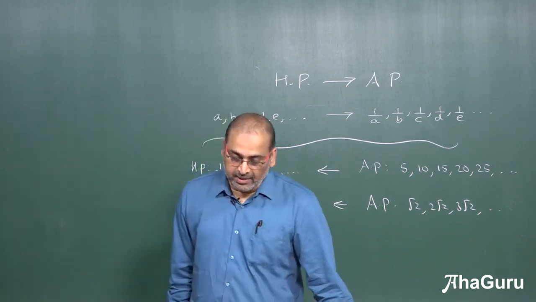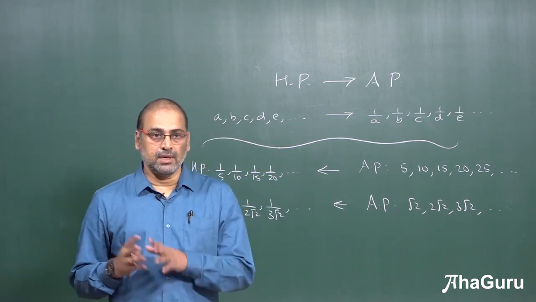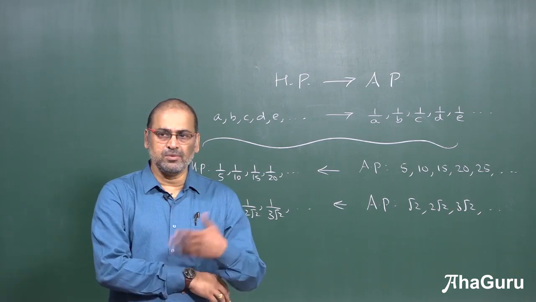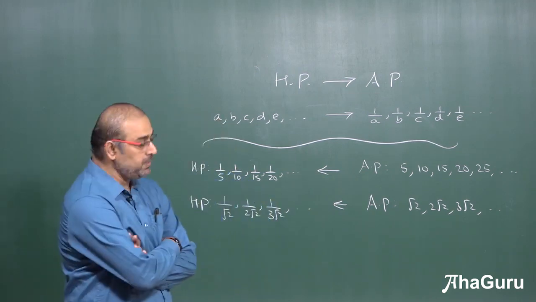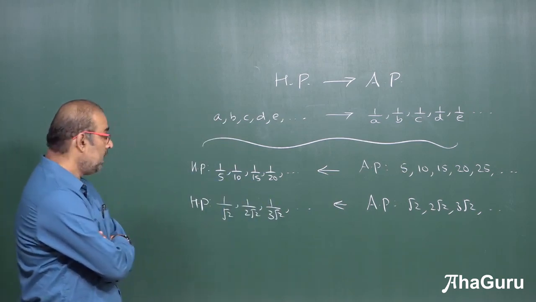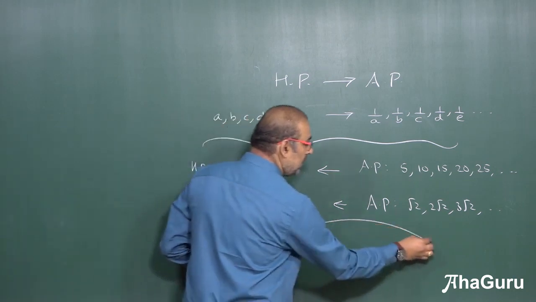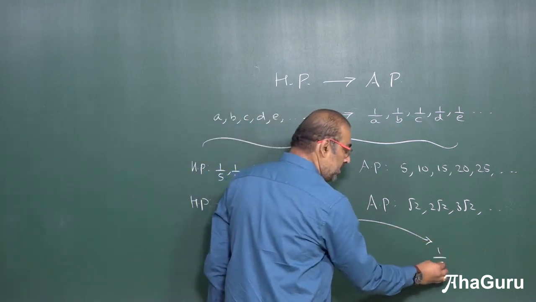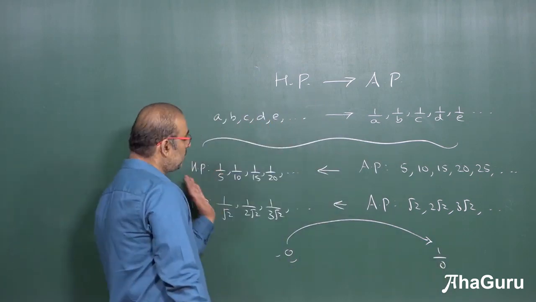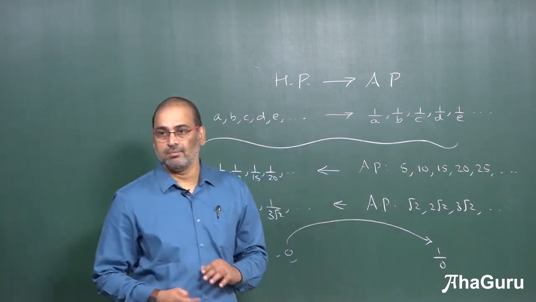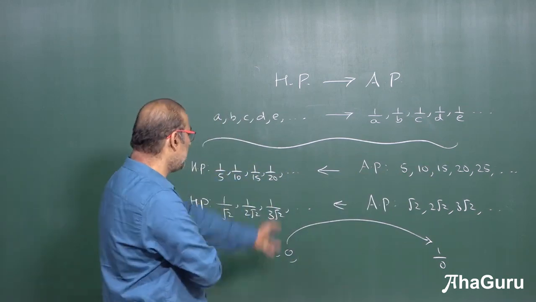Okay, so what is the connection between HP and AP? The corresponding reciprocal terms will be in AP. But one important thing, the next question: can an HP contain 0 in it? Suppose I have an HP term 0, so what will be the corresponding term in AP? It will be 1 by 0, because the reciprocal terms of AP form the HP, and the reciprocal of the reciprocal is the same.